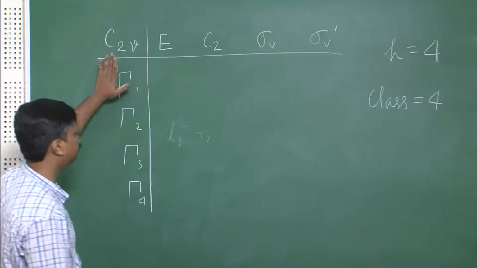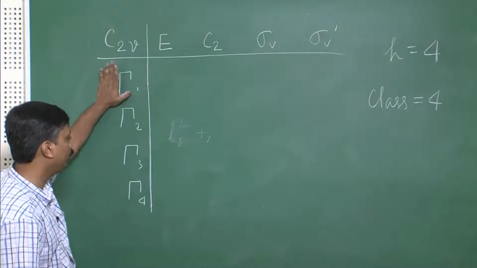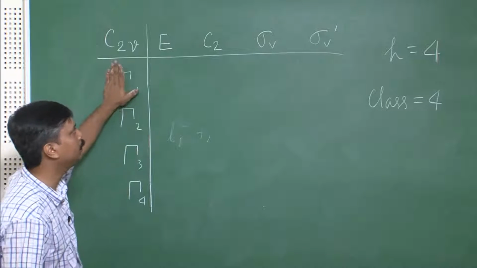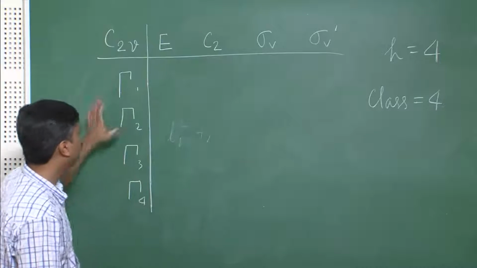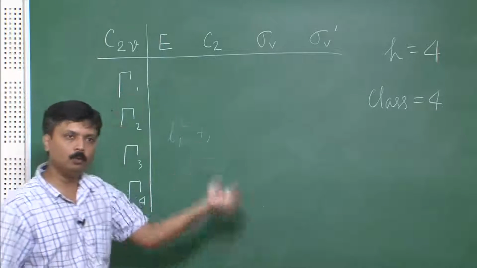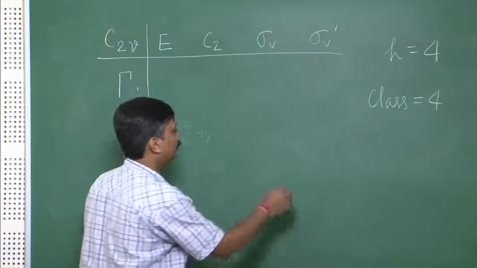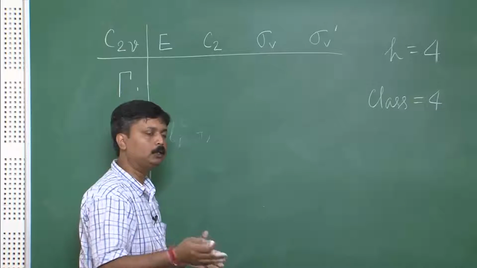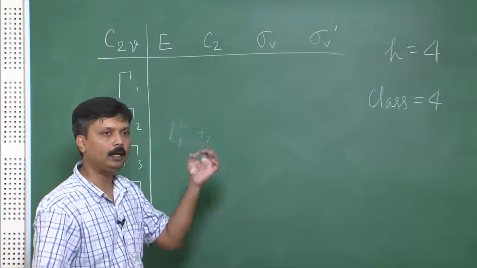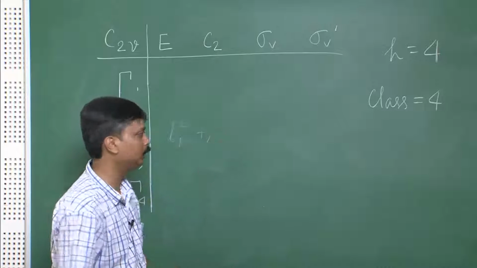Now, I know that there are 4 irreducible representations because there are 4 classes. So, now come back to rule 1, which says that the sum over li square equals h. So, the sum over li square equals 4 in our case.